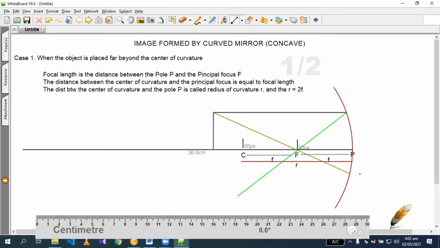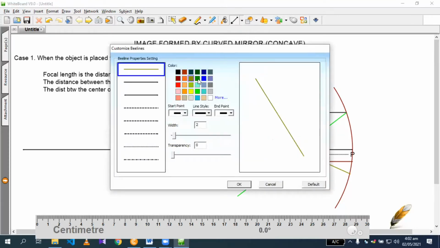Now, when this hits the mirror, normally it will also go back. But now this one will not go back through your principal focus. In this manner, this is how it will travel.